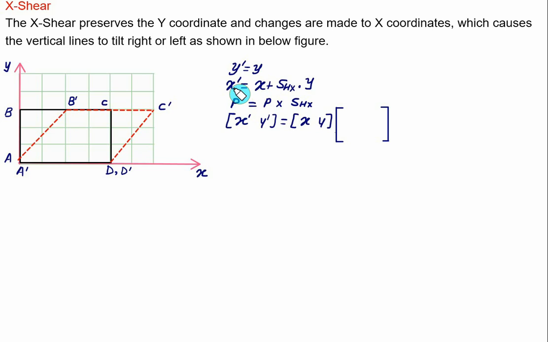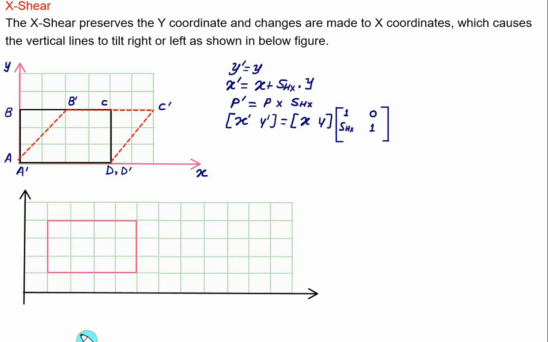We want to write x prime is equal to x, so x is multiplied by 1 plus y multiplied by shx. shx is the shearing factor along the x direction. Whereas y prime is only y, so x is multiplied by 0 and y is multiplied by 1. So this one is the shearing matrix along the x direction. Using this, we can calculate the transformed points A prime, B prime, C prime.